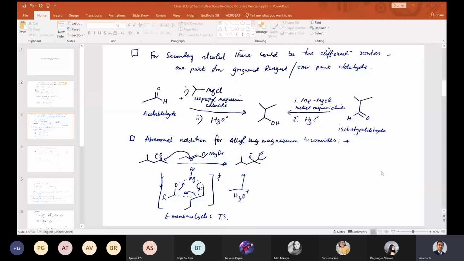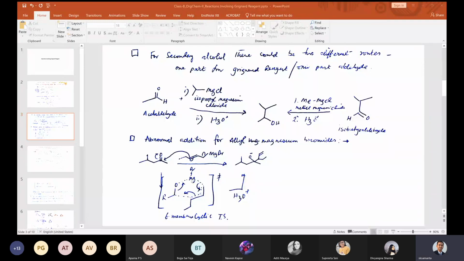When there is allyl magnesium bromide of this sort, where you have another group here which is unsymmetrical. If you have just normal allyl magnesium bromide, then you have symmetry from this center or this center if it is in resonance. But if it is in this way, then it is not symmetrical anymore. In this way you see that this double bond is actually attacking not from this end but from this end, because it undergoes a 6-member cyclic transition state.